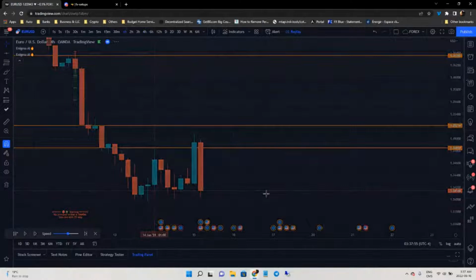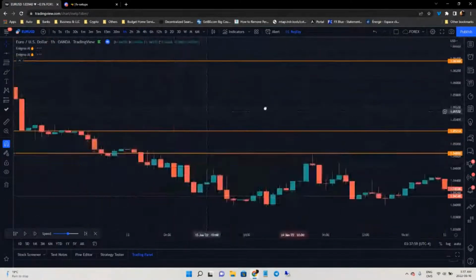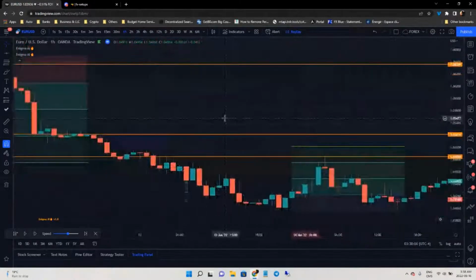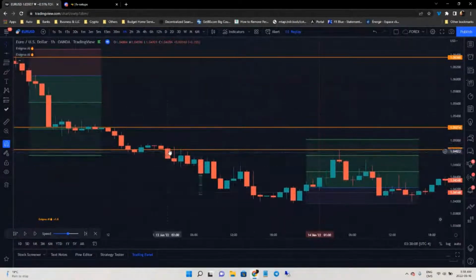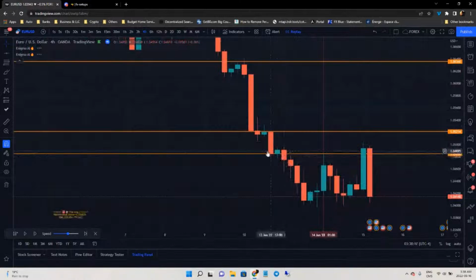So if we go back on the lower time frame, this is the first line, right, that I drew.